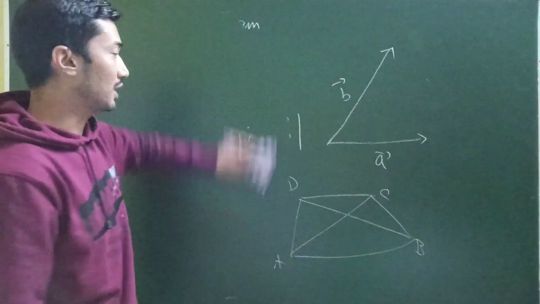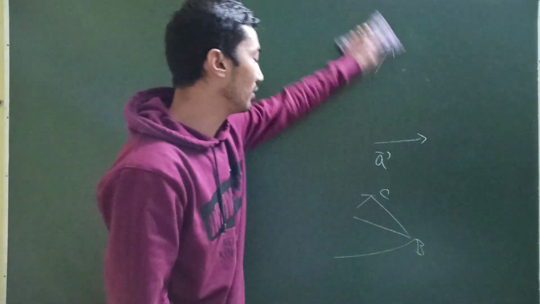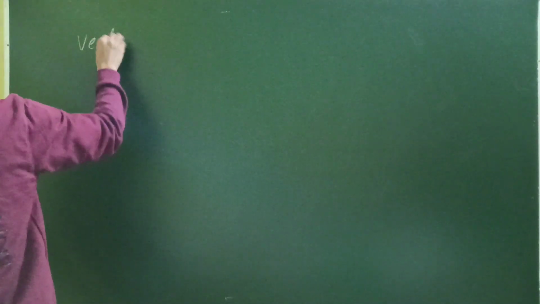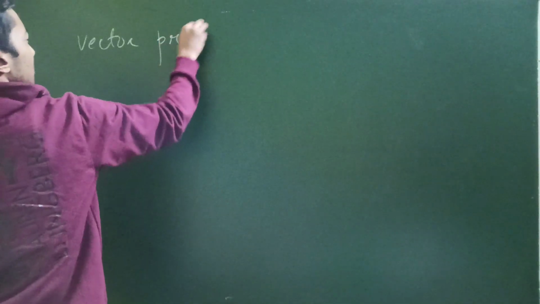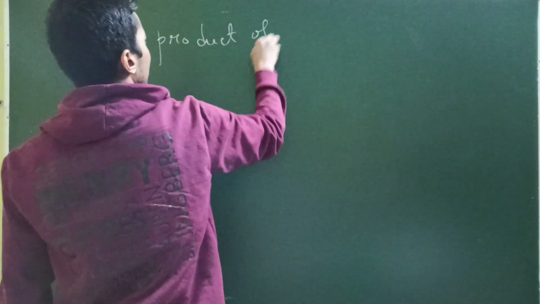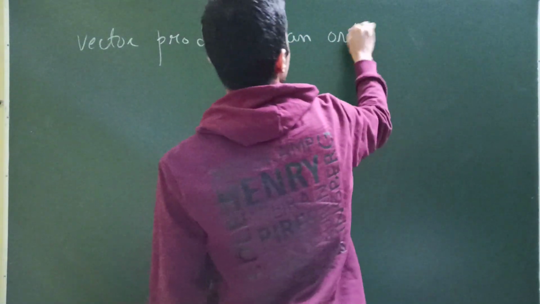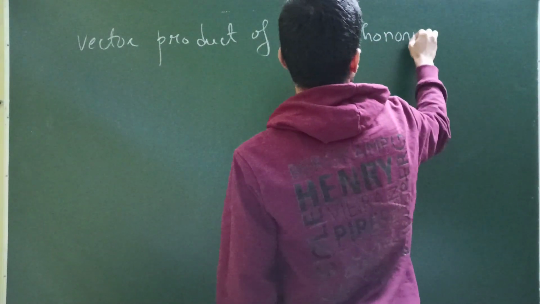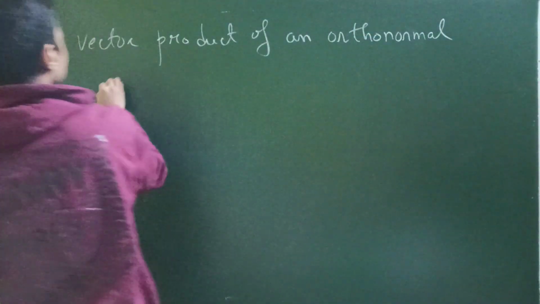Now, one of the most important parts that we will be learning now, that is the vector product of an orthonormal triad.